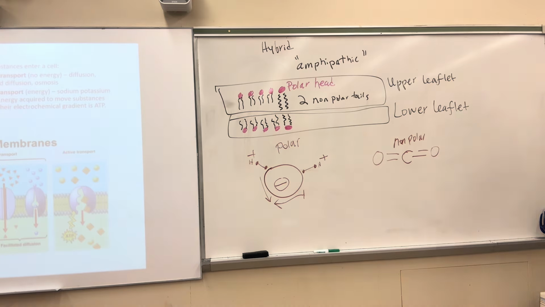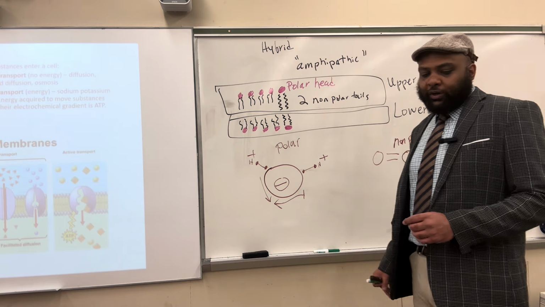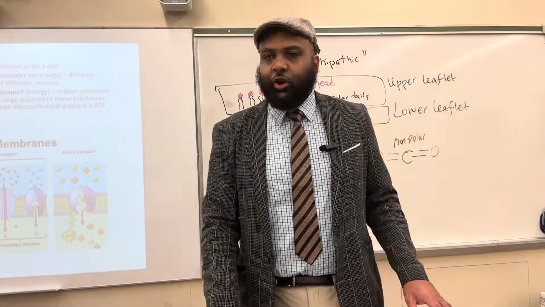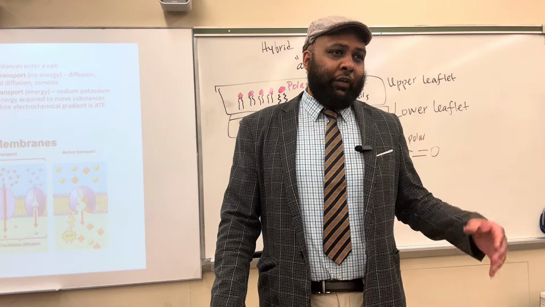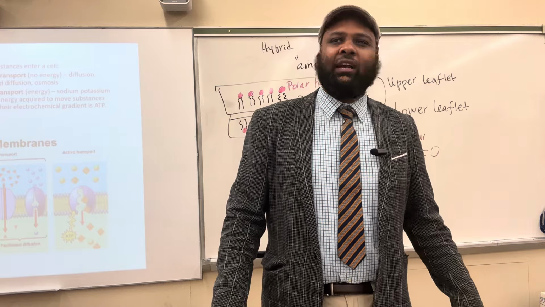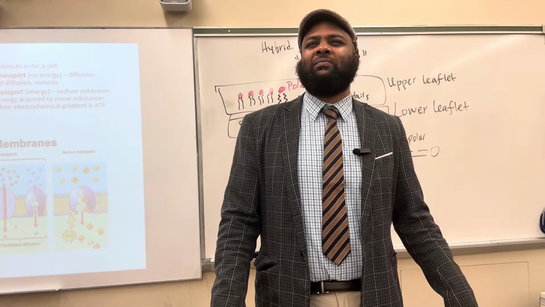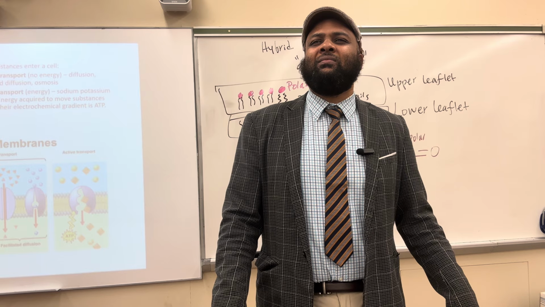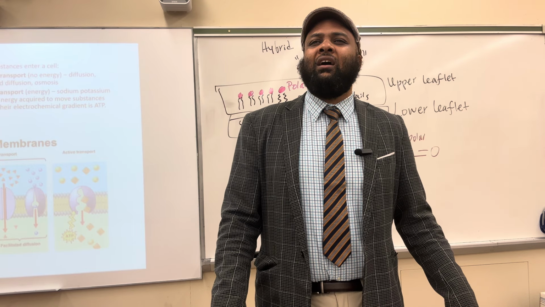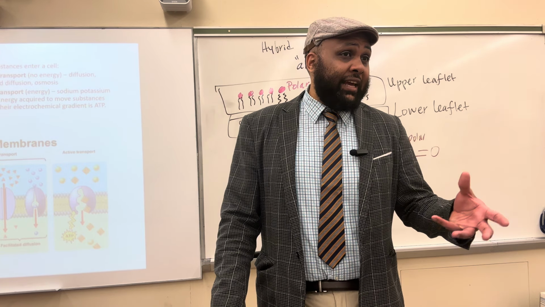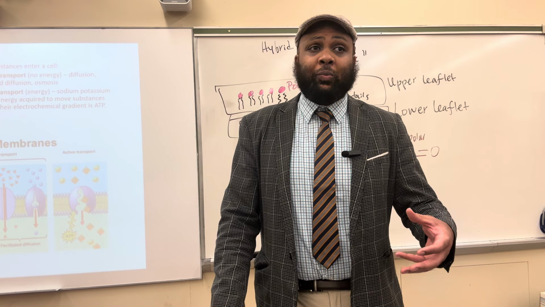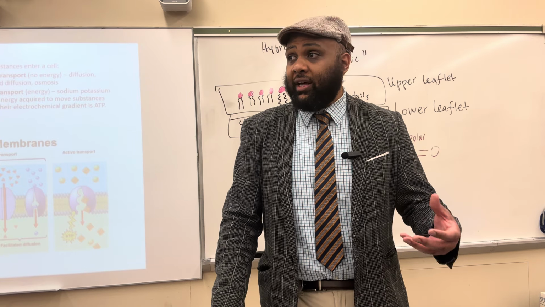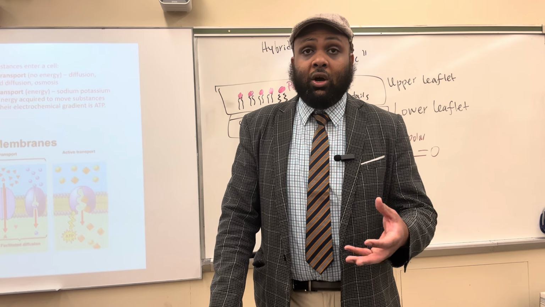So facilitated diffusion requires energy. No, that's active transport. It requires ATP. Yes, please, Giselle. It needs the facilitator. It needs somebody to bring it in because it's too big, like glucose.